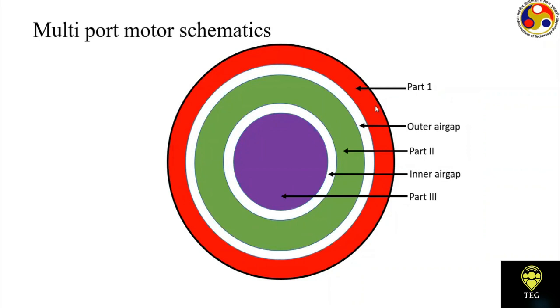Okay, so part 1, part 2 and part 3 are materials, ferromagnetic materials or copper or magnet, whatever it might be, and the 2 white rings that you see are the air gaps. So if you have a general motor of this type, then they are known as multi-port motors.